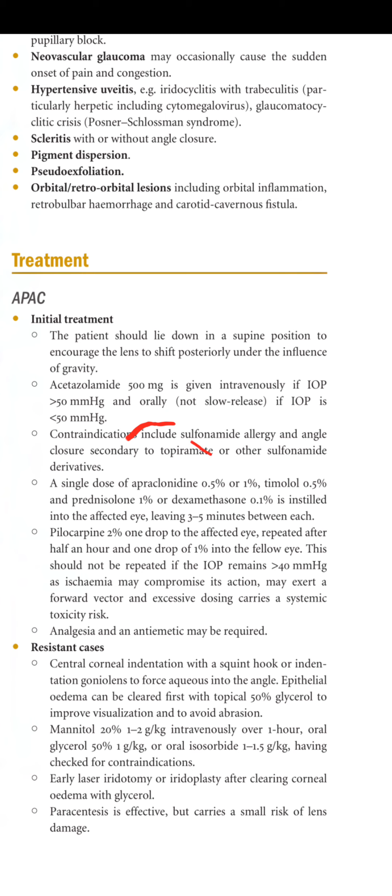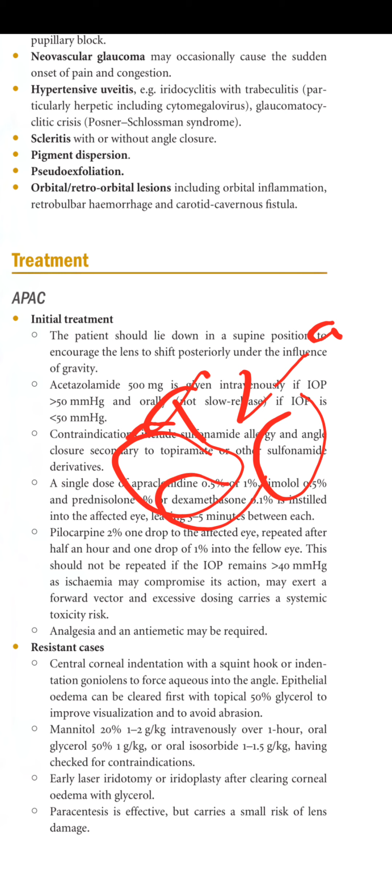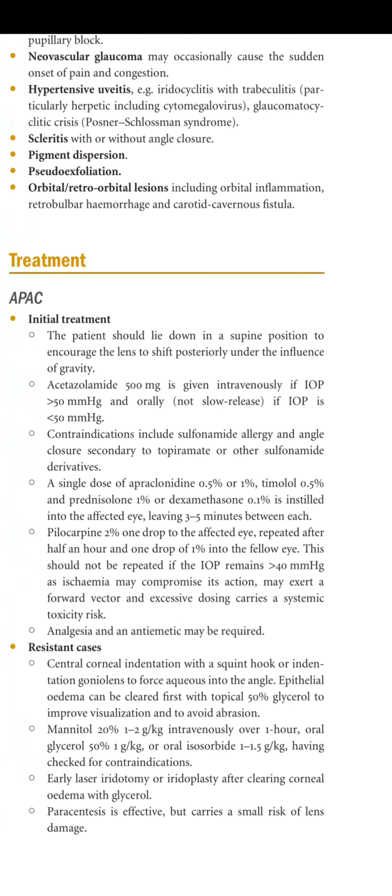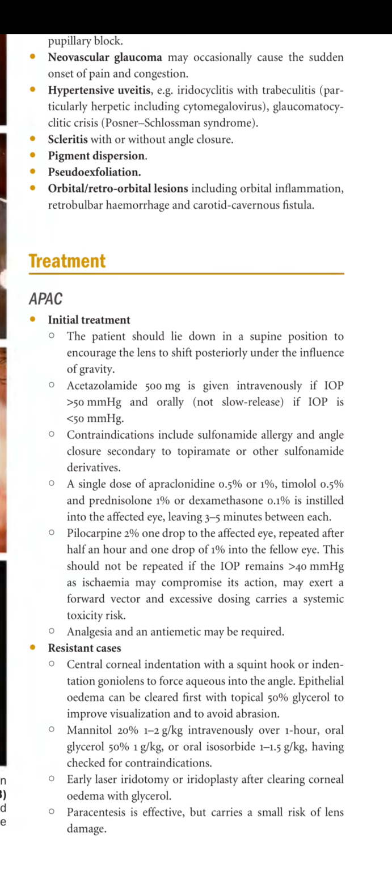So you instill all these drops, which are an alpha 2 agonist, apraclonidine, a beta blocker, and a steroid, and between each drop we give a time of 3 to 5 minutes. Pilocarpine 2%, 1 drop to the affected eye, repeated after half an hour, and 1 drop of 1% into the fellow eye. This should not be repeated if the IOP remains greater than 40 millimeter mercury, as the ischemia may compromise its action, may exert a forward vector, and excessive dosing carries a systemic toxicity.